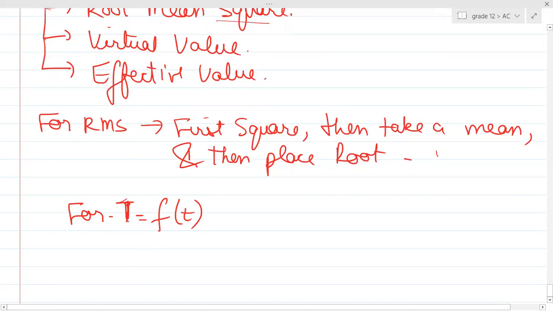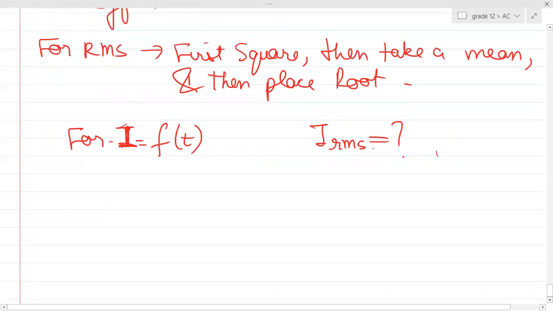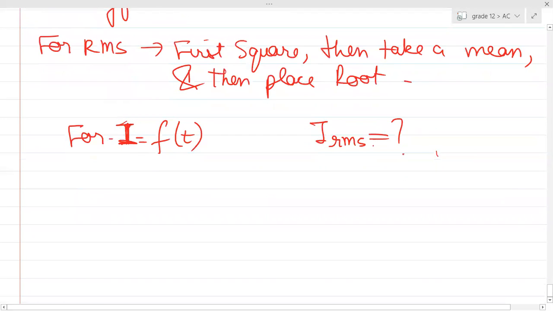For current I given as a function of time, how do you find the RMS value? Very easy. First of all, whatever this current is, square it. So what will be the square of I? It will be I square, right?